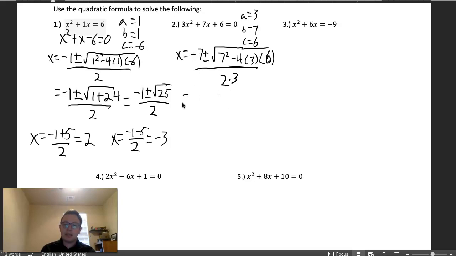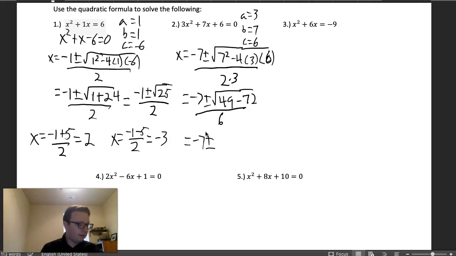So in this case, it's going to be minus 7 plus or minus the square root of 49 minus 4 times 3 times 6 is going to give us minus 72, all over 6. And it looks like we're going to run into an issue here because we have minus 7 plus or minus 49 minus 72 is negative 23.